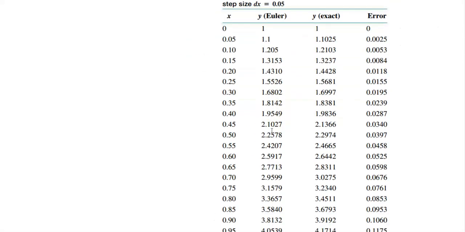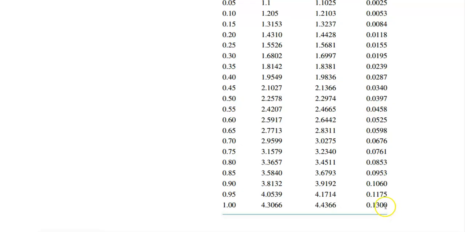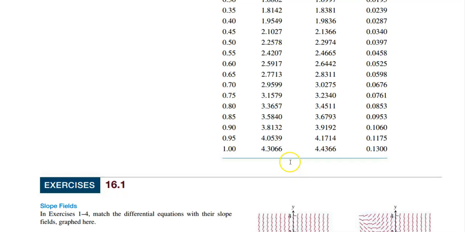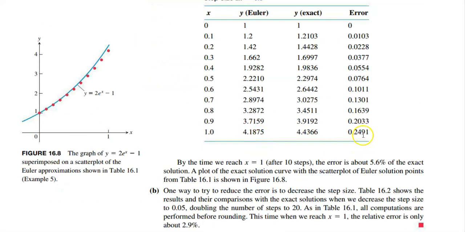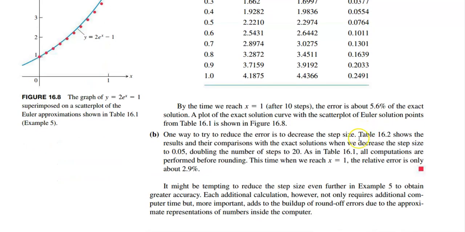So here's the table for this one. And we see here, when we get from 0 to 1, our error here is 0.13 when we double the number of steps. Here with just 10 steps, it was 0.2491. So the relative error here is only about 2.9%.